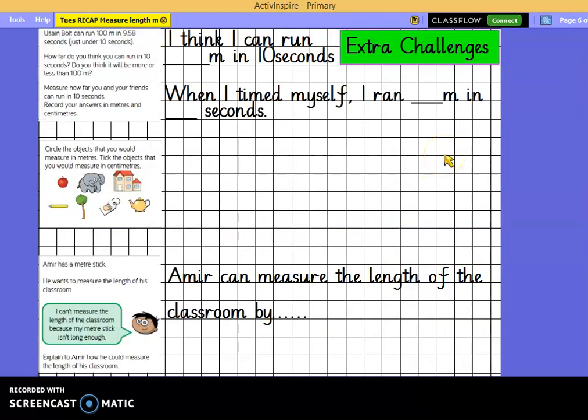Here are the extra challenges if you manage to finish the worksheet. Remember, on the worksheet, if it says classroom, you can change that for any measuring in your home. Here are some questions, and I've shown you some ideas of how you could measure using the information on here, and record your answers in your book.